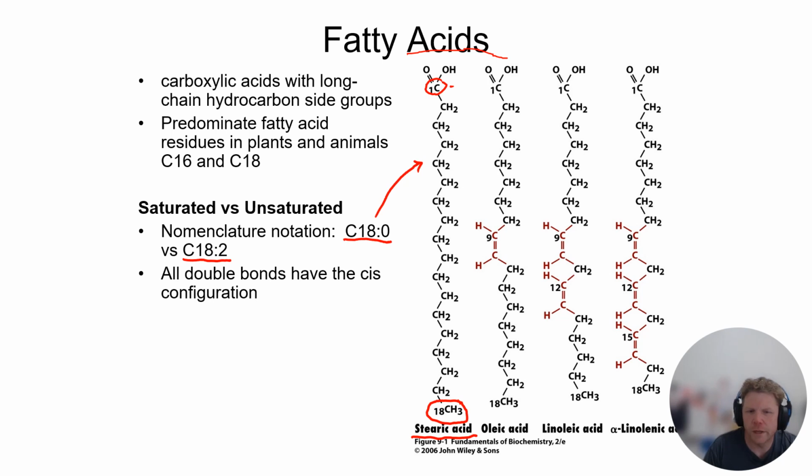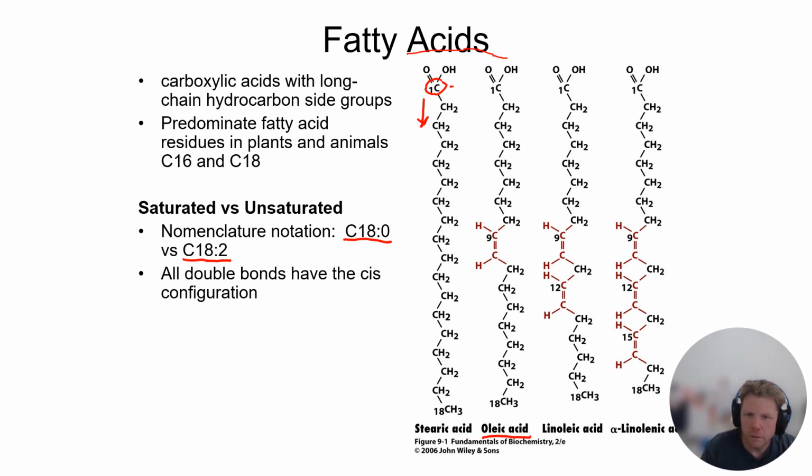The reason for that is if we look at this fatty acid from carbon number 1 all the way down to carbon number 18, there are no double bonds. It is nothing but single bonds. This is what is known as a saturated fatty acid. Now, if we compare that to oleic acid here.